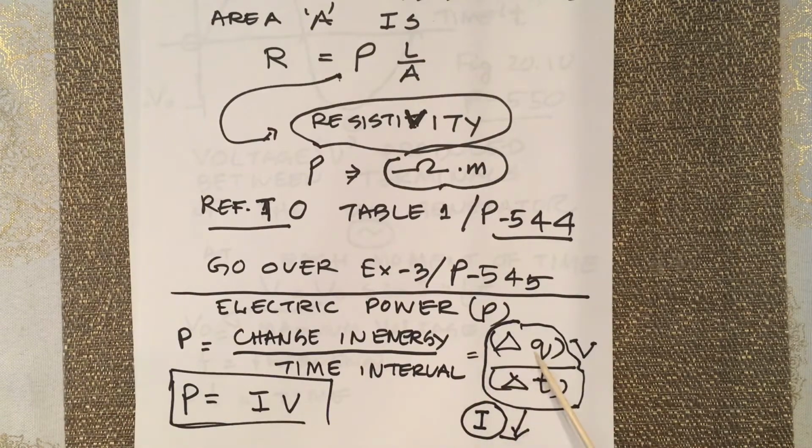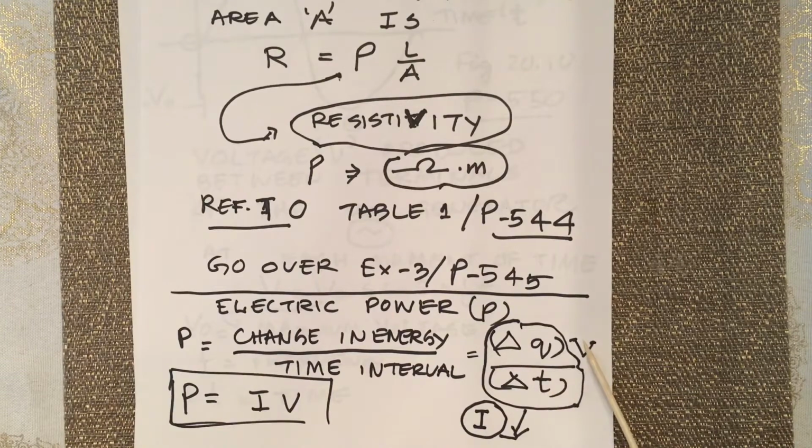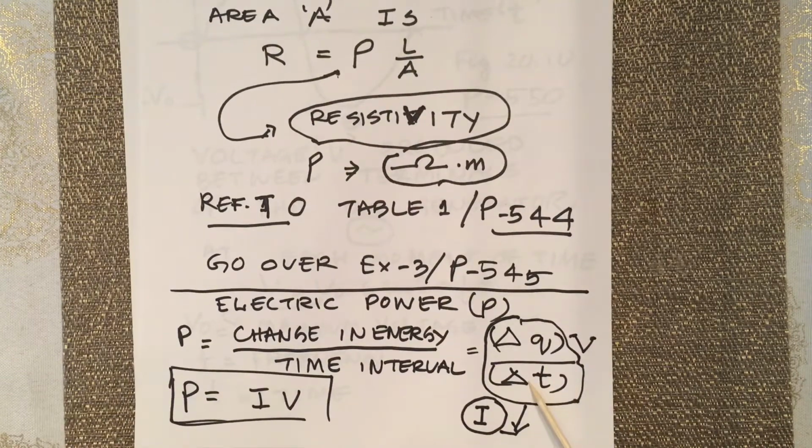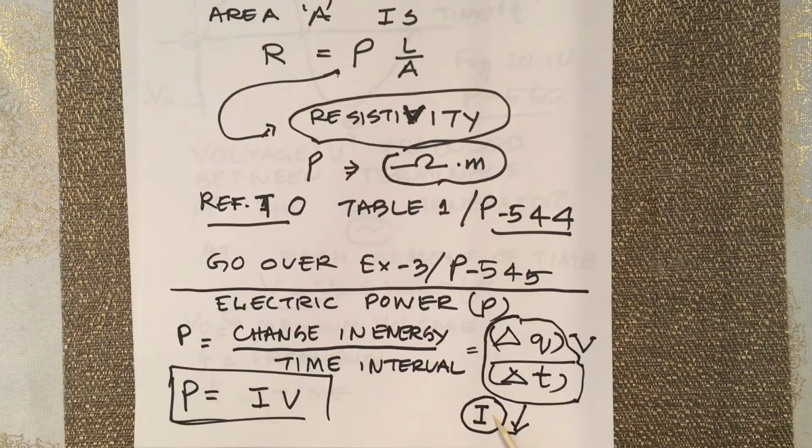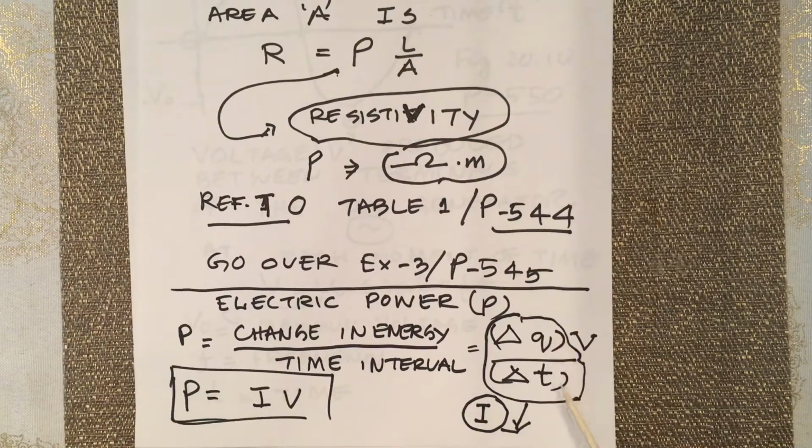So Q times V, or delta Q times V over delta T, will give you P. Now look at this: delta Q over delta T is defined to be the current, the flow of charge over a period of time. So P will ultimately be I times V.